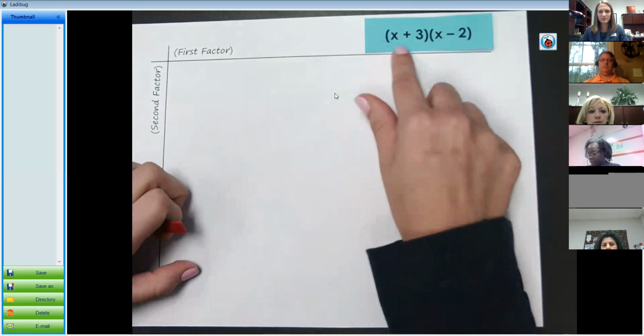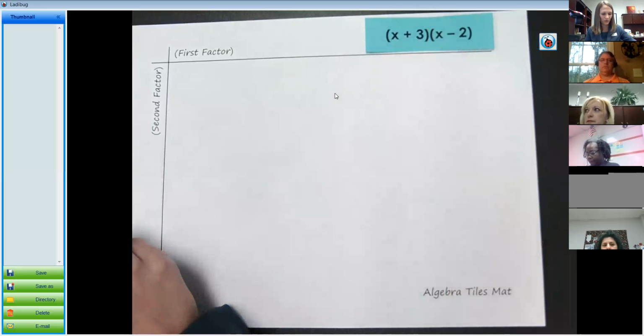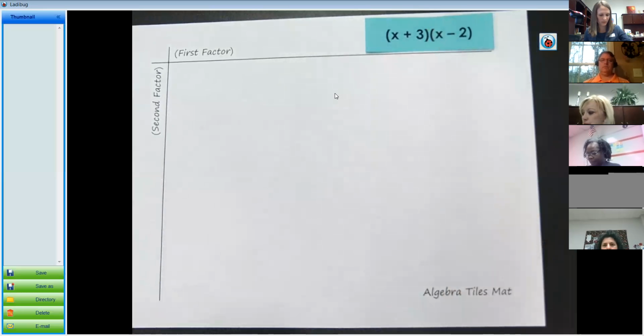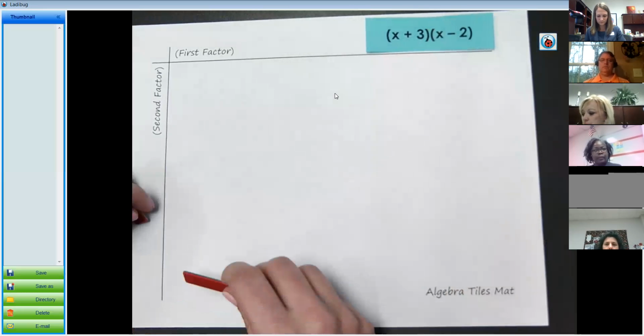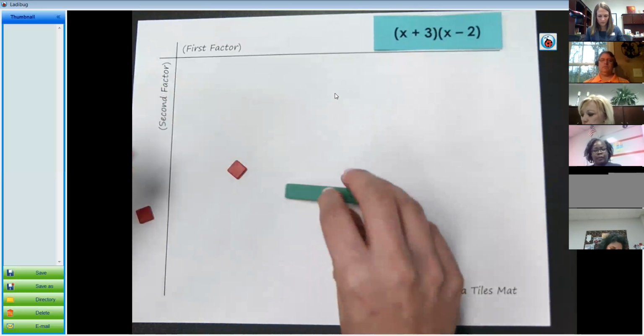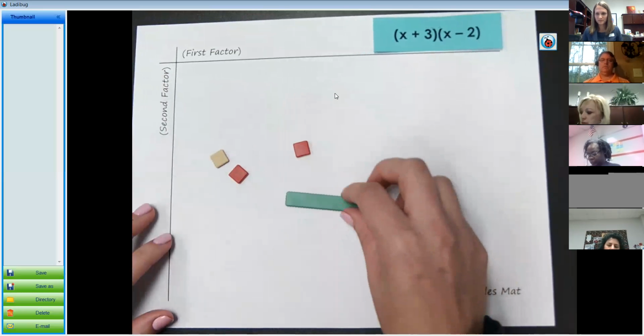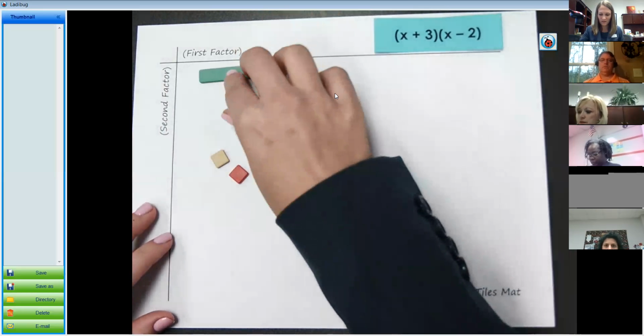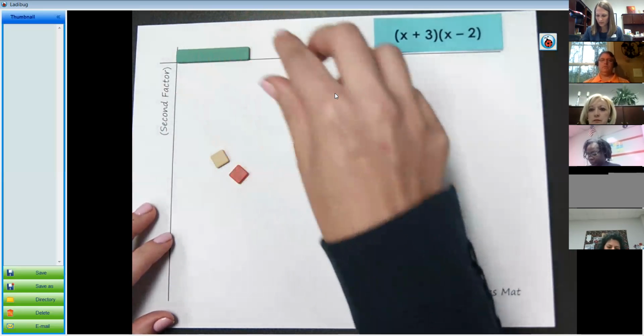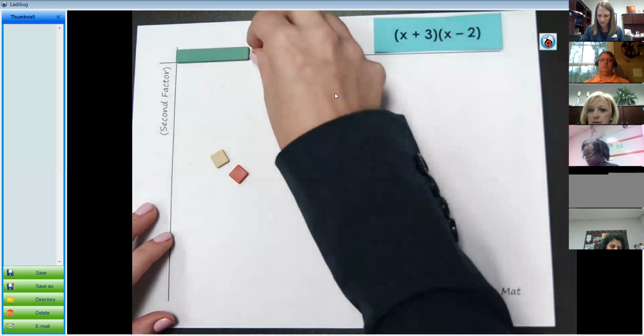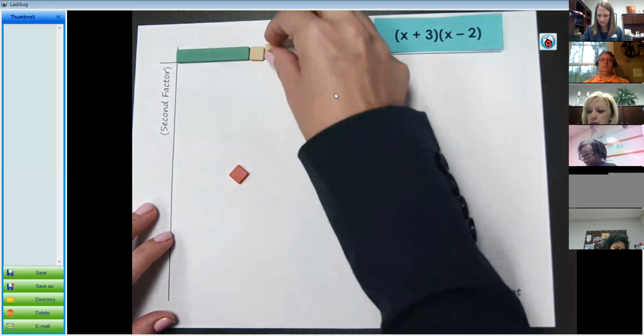So we're looking at the x plus 3. I want you to kind of think through what would that model look like if you were to build it. And remember, we're kind of looking through these pieces. And if you have your tiles with you, awesome. Kind of ignore me and work on trying to build that first factor.